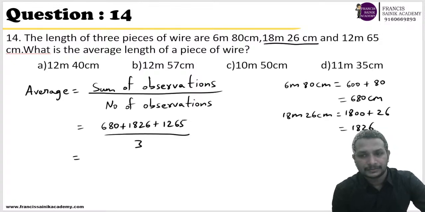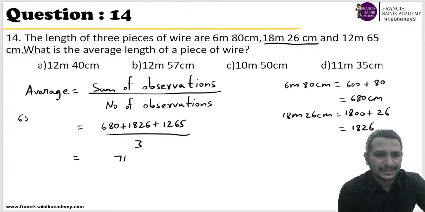Add up all of them. You can do the calculation as you wish: 680, 1826, 1265.